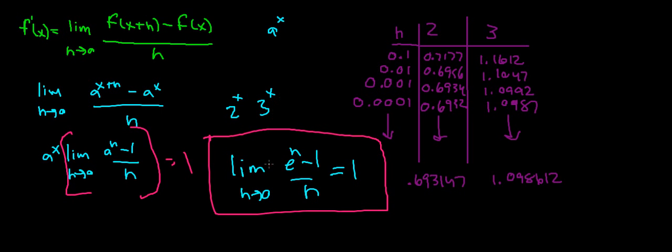So when I have e as the base, since this value is equal to 1, this part of the differentiation formula that we're trying to find is going to be equal to 1, so it's just a to the x, and since e is my base, then the derivative of e to the x, let me write it out properly.